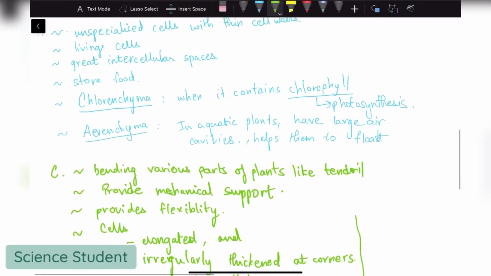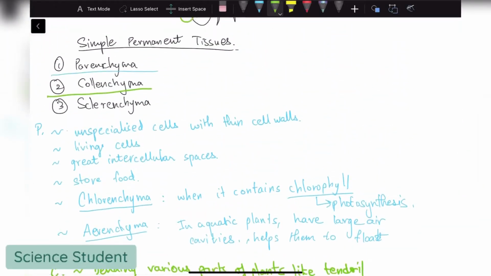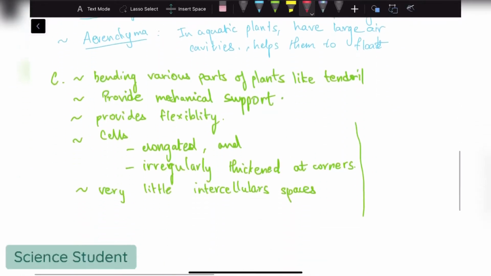Okay. Now we'll talk about sclerenchyma, and I'll use red color. So sclerenchyma is all made up of dead cells. Now these dead cells help in making the plant hard and stiff, like the bark. The bark is made up of sclerenchyma.